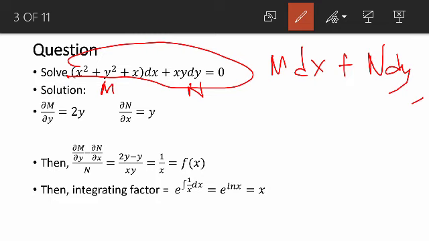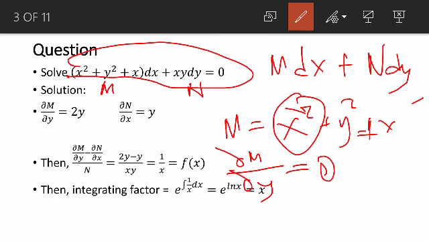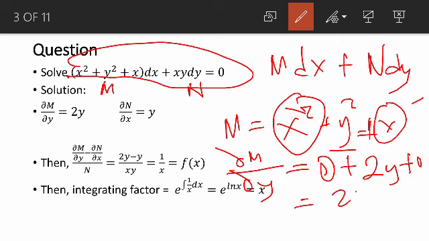So M is equal to x squared plus y squared plus x. To find the partial derivative of M with respect to y: differentiating x squared gives 0 because it has no y, differentiating y squared gives 2y, and differentiating x is also 0. That is why we got 2y here.